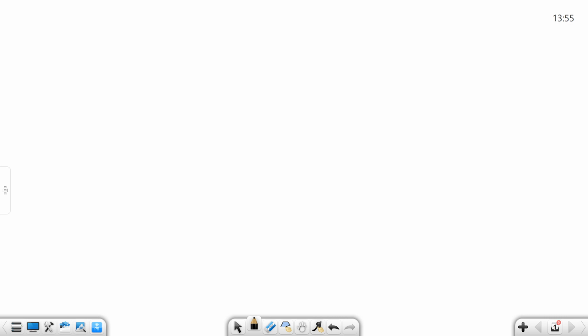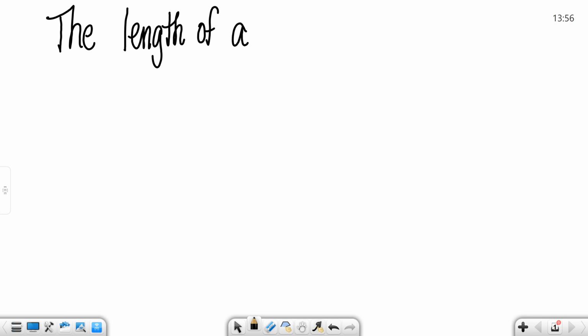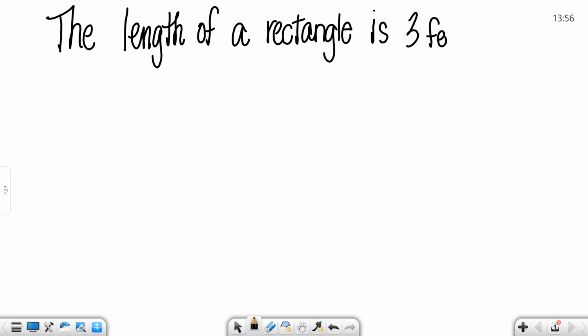Okay, but it's a word problem that really kind of makes sense. I'm the teacher, so I guess it would make sense to me. Okay, so we've got the length of a rectangle. We all know what a rectangle looks like, so let's imagine a rectangle. The length of a rectangle is 3 feet longer than the width.